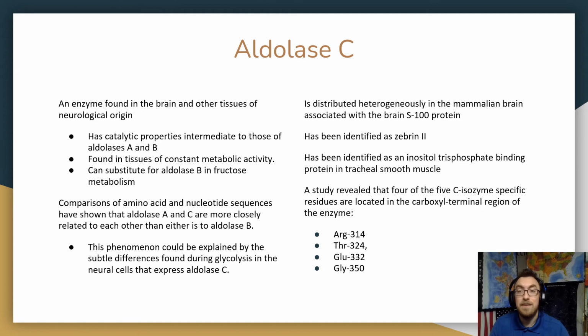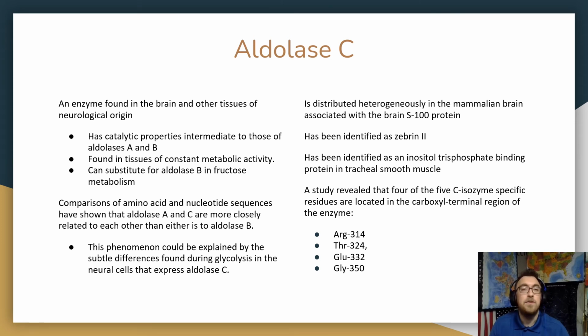Although expression of aldolase C has been reported in Xenopus ovary, it is not clear what role the isozyme has in this tissue. Aldolase C is distributed heterogeneously in the mammalian brain, associated with the brain S100 protein.